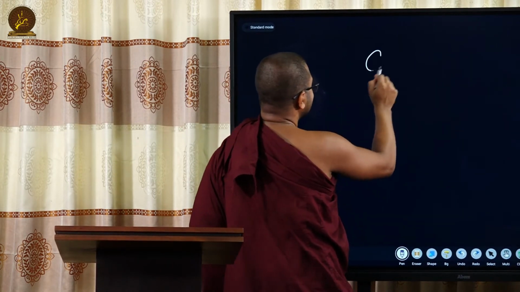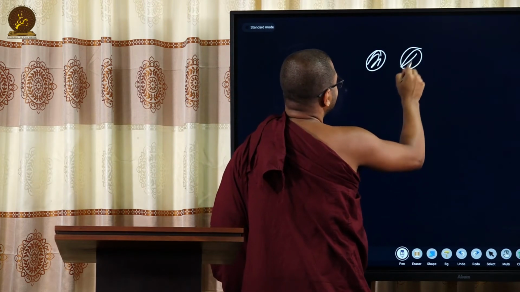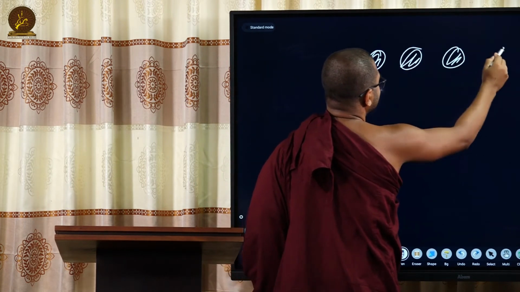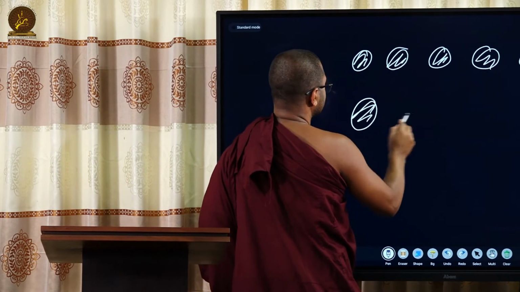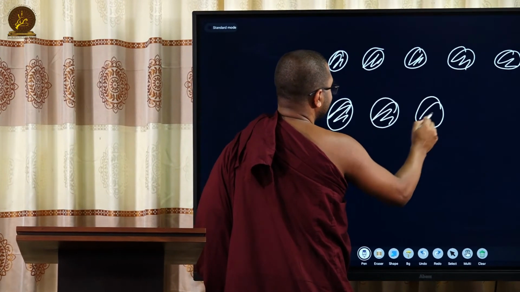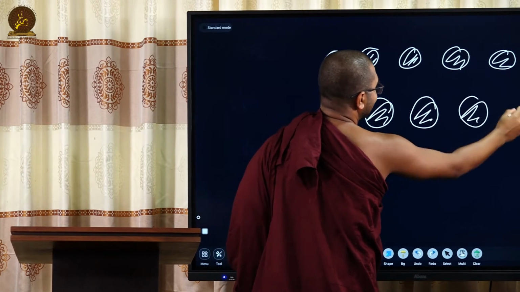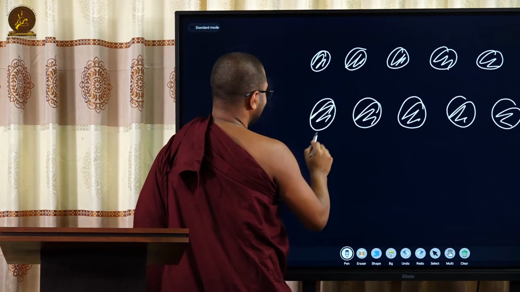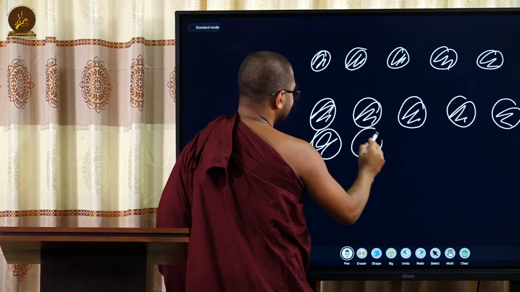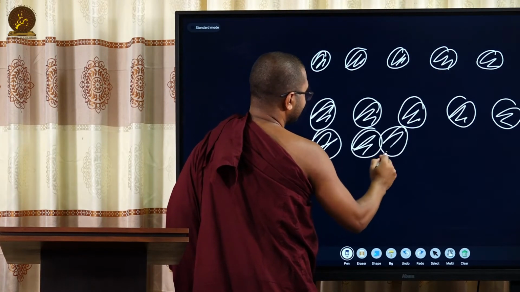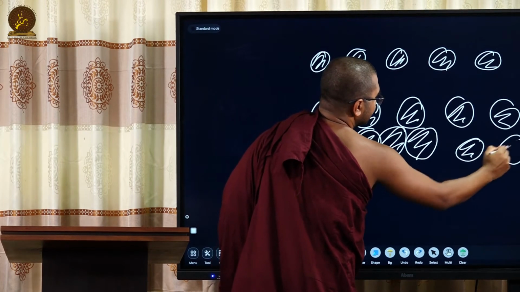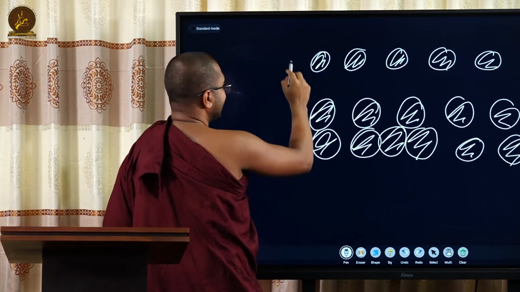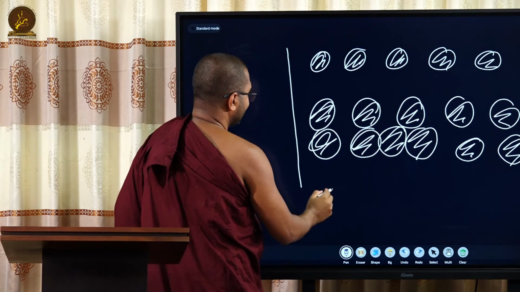So if this is a Rupa Kalapa, these are Rupa Kalapas. In a zoomed scale, sometimes the Rupa Kalapas are touching each other, and in some cases they are separated. Now we take this as one single unit.